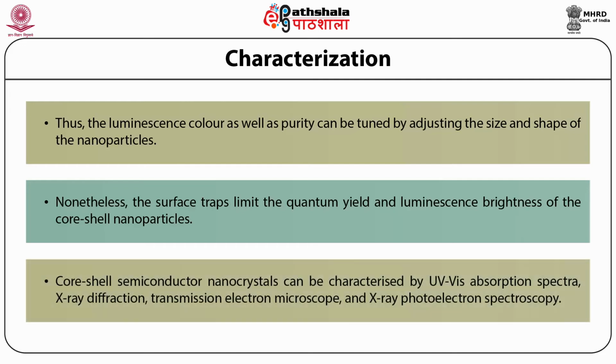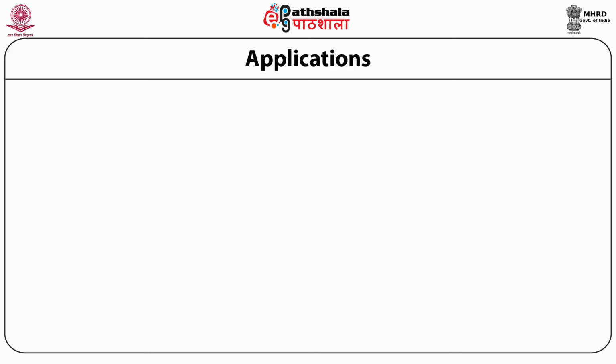Core shell semiconductor nanocrystals can be characterized by UV visible absorption spectra, X-ray diffraction, transmission electron microscopy, and X-ray photoelectron spectroscopy. We will next study the applications of semiconductor nanocrystals.